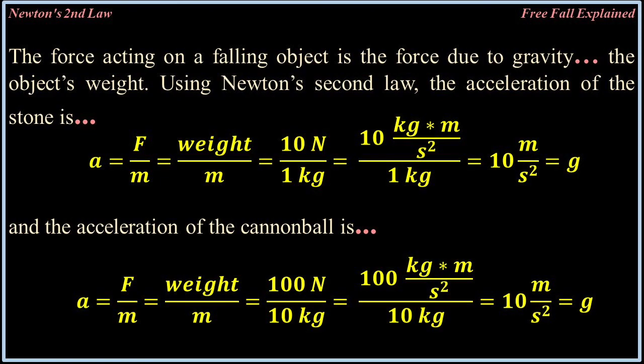Using Newton's second law, the acceleration of the stone is a equals F over M, weight over mass, 10 newtons over 1 kilogram, and then 10 kilogram meters per second squared over 1 kilogram equals 10 meters per second squared, that equals g. And the acceleration of the cannonball is the same thing. You simply have a larger force, but you also have a larger mass. So they both equal g.